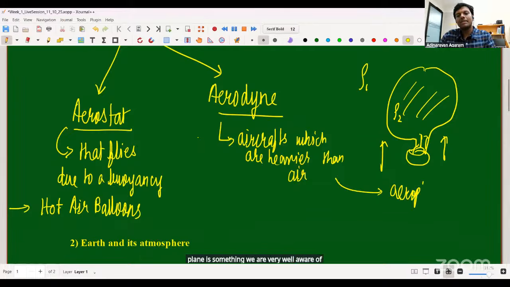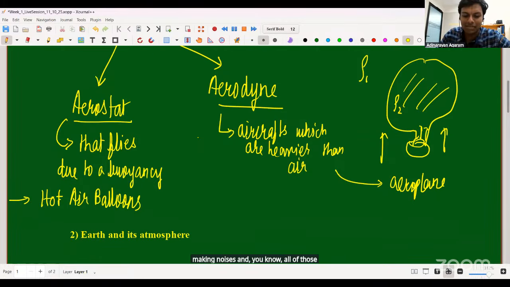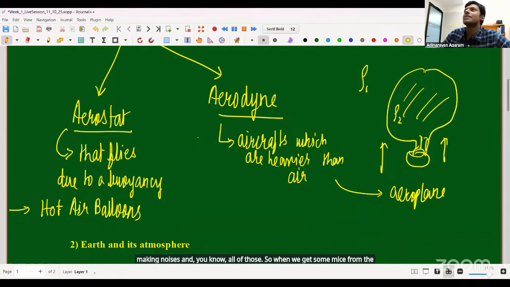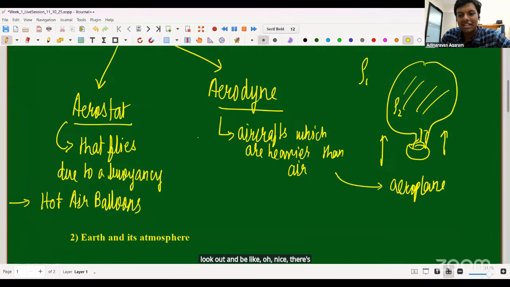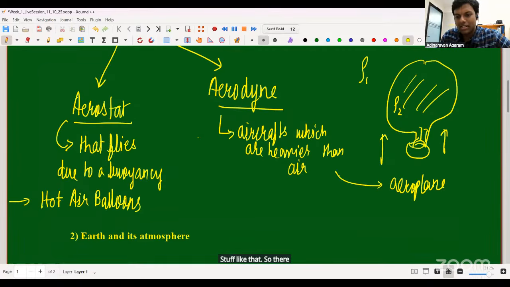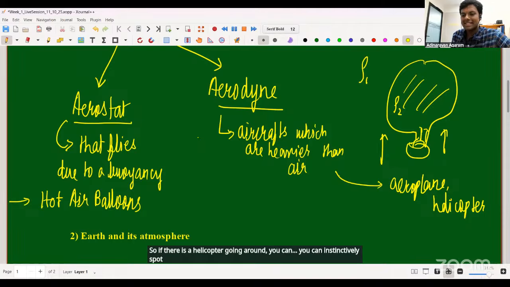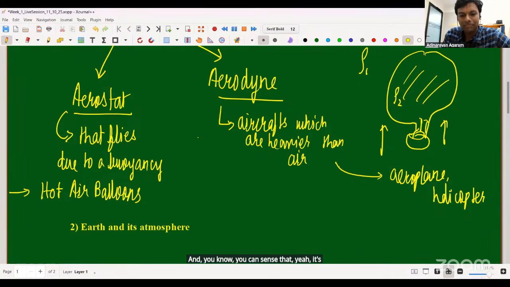At this point, we see them every day, making noises. When we hear some noise from the atmosphere, we go out, look out, and say, "Oh, nice! There's a plane flying around." And other examples, say a helicopter, which again has a distinct noise that we can actually figure out. If there is a helicopter going around, you can instinctively spot and sense that, yeah, it's a helicopter that's going around.